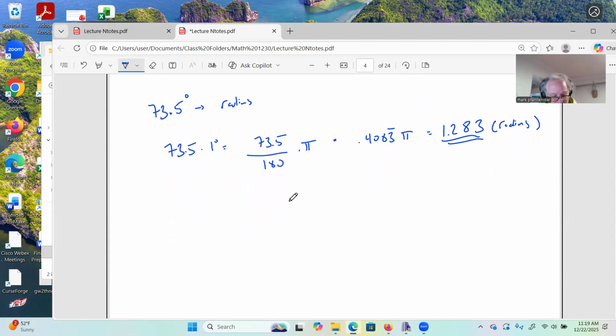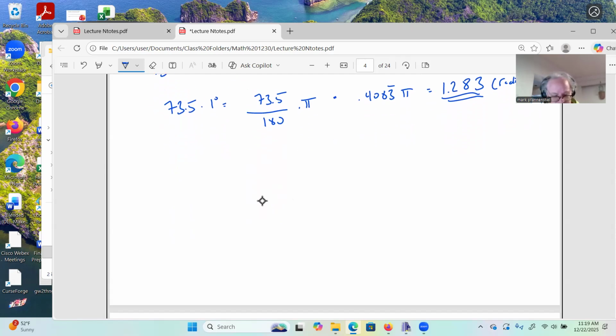Okay, so let's go ahead and convert radians to degrees. We have 7 pi over 12 radians, and we want to convert this to degrees. Again, we know that 2 pi radians equals 360 degrees.